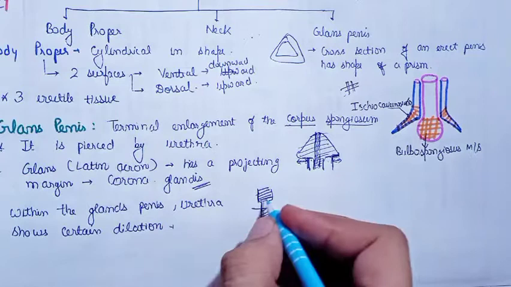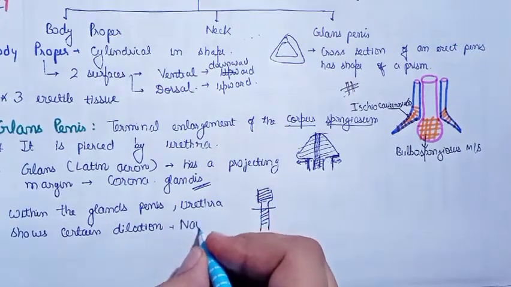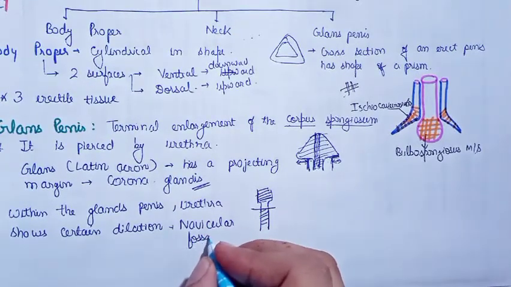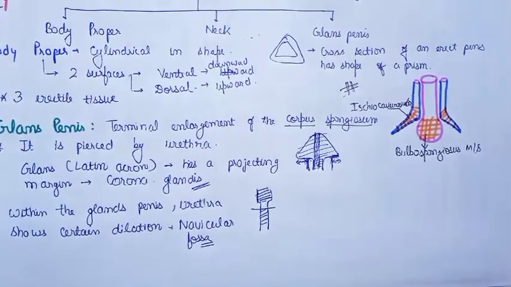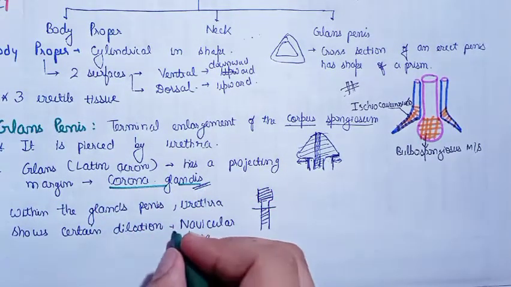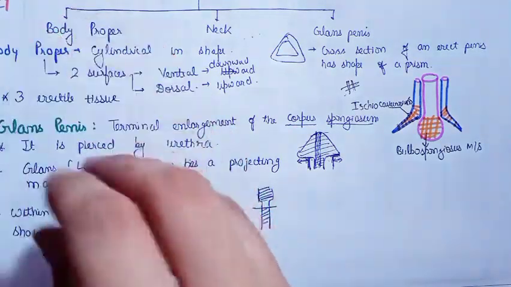This dilatation you see over here is called the navicular fossa. So these 2 points you can highlight over here, that is the corona glandis and the navicular fossa. Like this we completed the body and the glans penis.